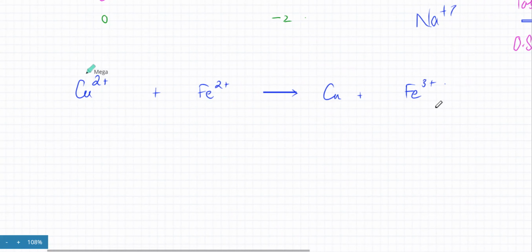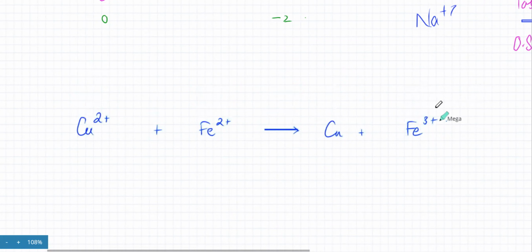Now, can you tell me who gained electrons, who lost electrons? So wait, what's happening to Fe? Copper lost an electron, and what, copper gained 2. What happened to copper?